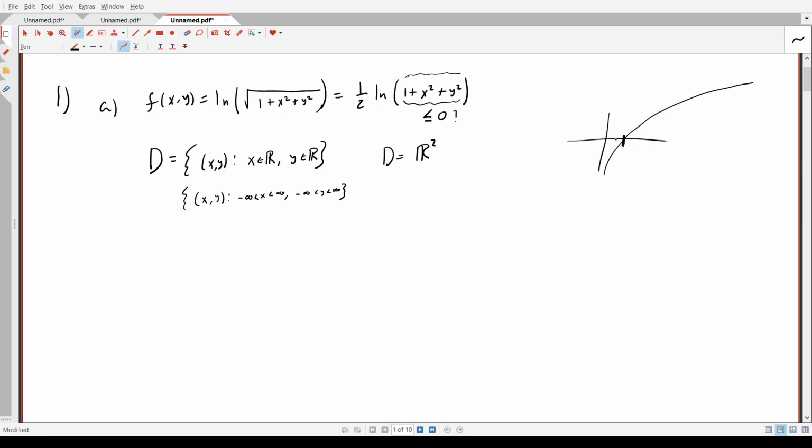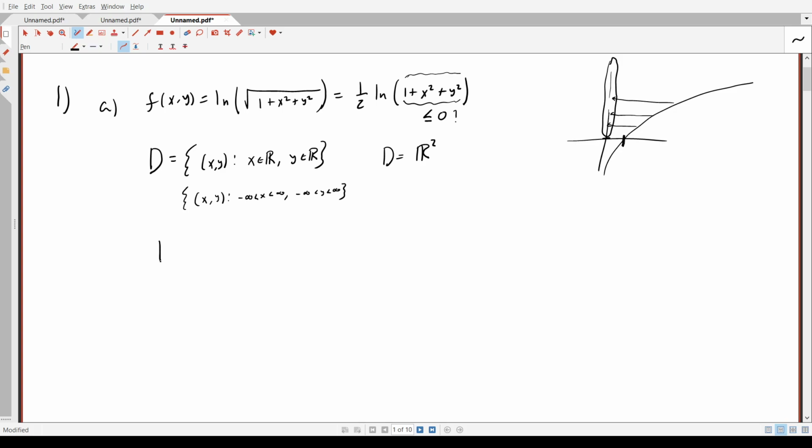So the possible outputs of this function start at 0, and that's going to be all of the values up along here, because we know that this function goes off to infinity. That's going to be my range.